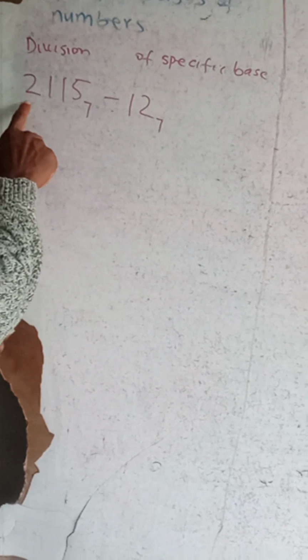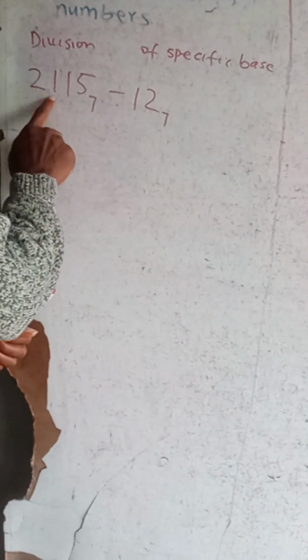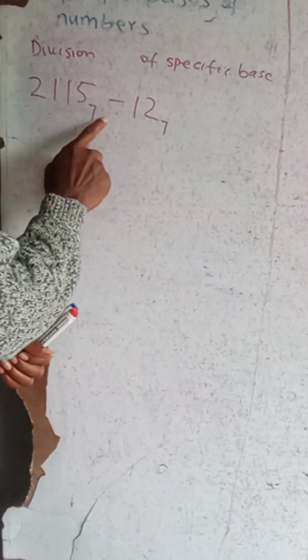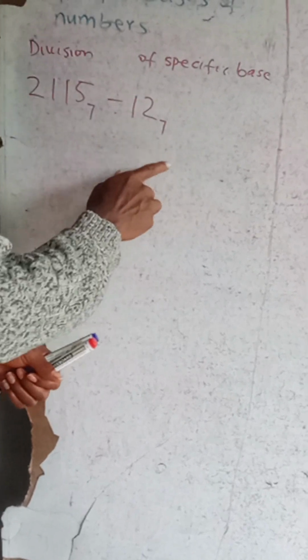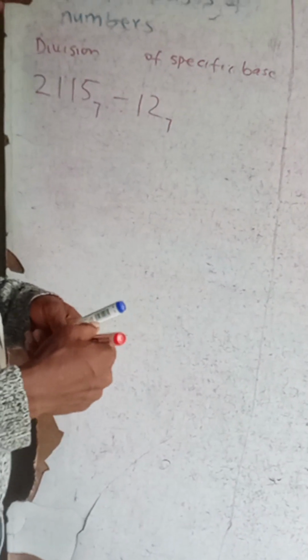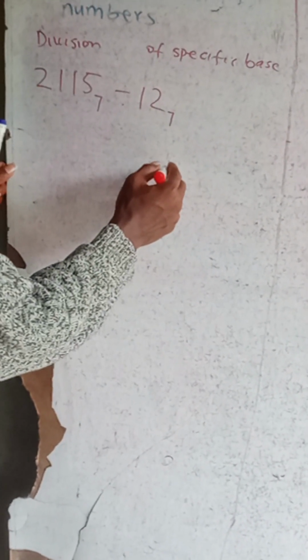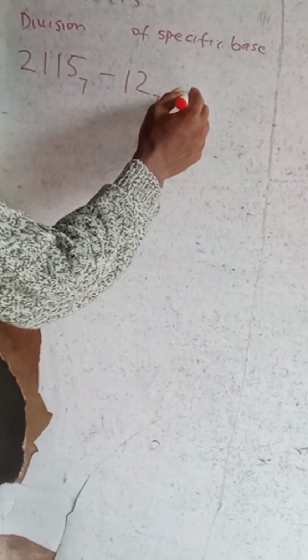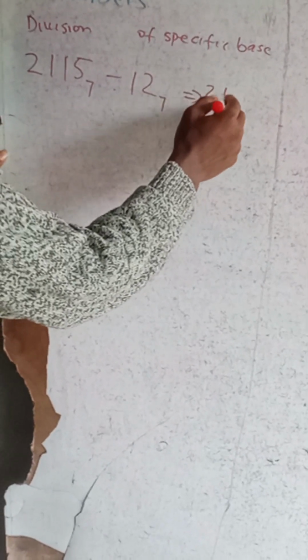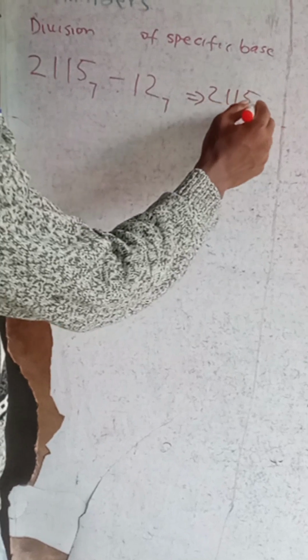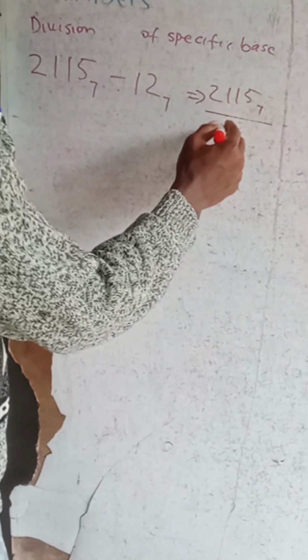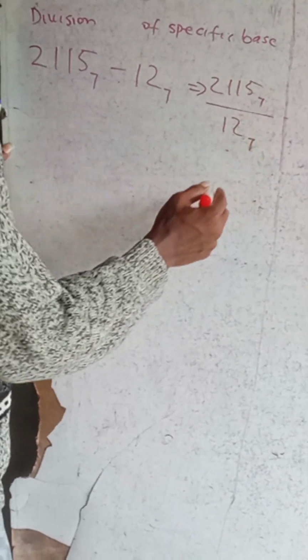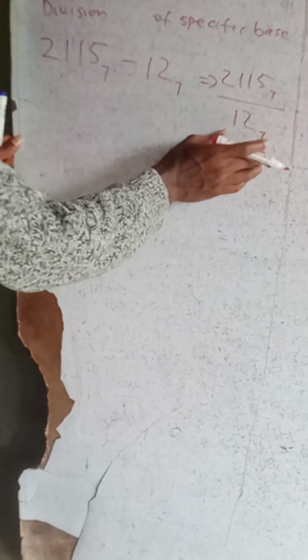So if you have 2115 base 7 divided by 12 base 7, I told us that you always draw this. This means 2115 base 7 dividing 12 base 7. This is the numerator, this is the denominator.